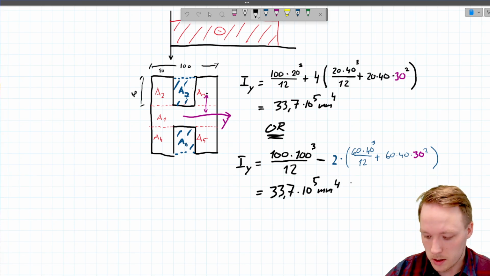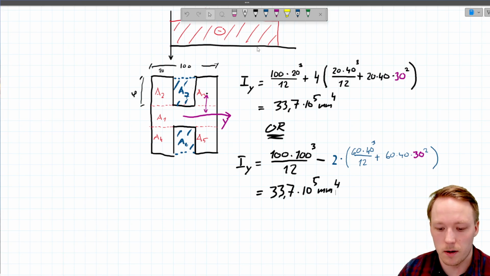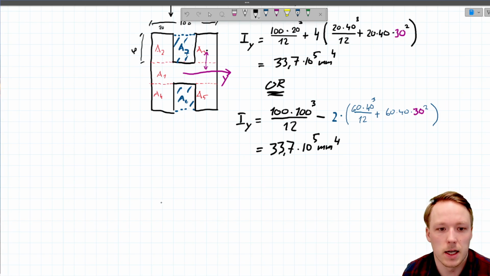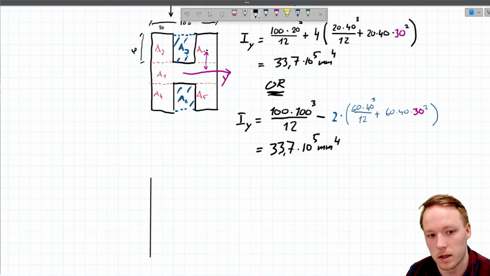Okay, so now that we know the second moment of inertia of this profile, we can proceed to calculate what is the shear stress at the locations of the glue. So let's draw again the shape in here.